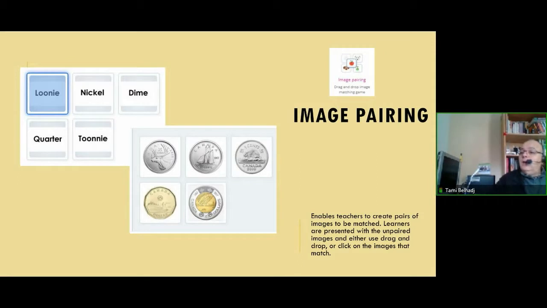And then I had to screen capture each of these icons, just going on Google Image, finding images, and then in a couple of minutes, using the image pairing activity type, I create this activity here where the learner would drag and drop a word towards an image, and check for understanding.